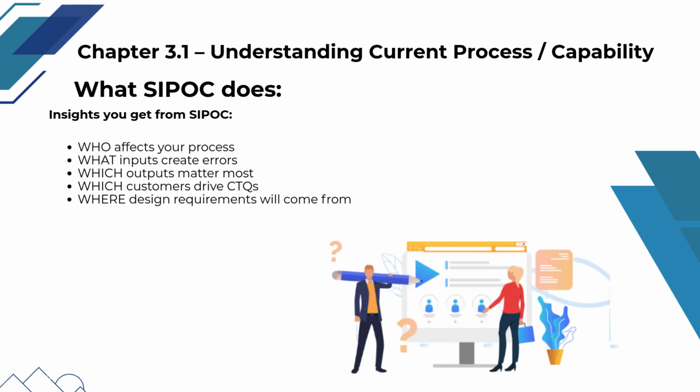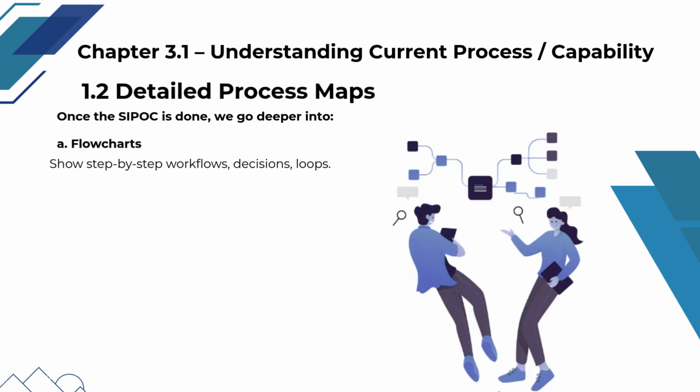of DMADV. Once the SIPOC is completed and the process scope is clearly defined, the team moves into detailed process mapping using flowcharts to understand how work actually happens at an operational level. Flowcharts capture step-by-step activities, decision points, loops, rework, and handoffs, making delays, errors, waste, and complexity visible.